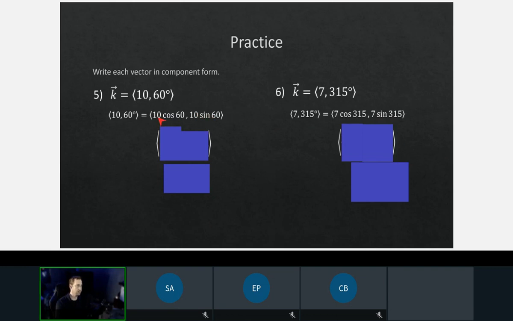So you would just type that in, 10 cosine 60, make sure you're in degree mode, and hit enter. And for this problem, because the angle is so nice, 60 degrees, you can actually use your unit circle if you wanted to, or you can just type it in. Cosine of 60 is 1/2, sine of 60 is rad 3/2. And then you just do the math. 5 comma 5 rad 3.